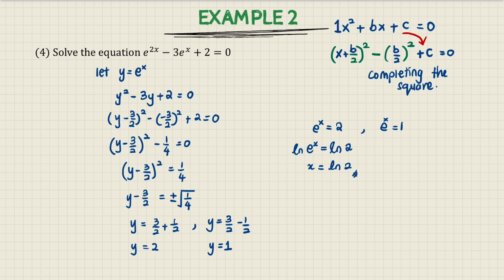This is the first one, but don't complete here. The other one is ln e power of x equals to ln 1, and ln 1 or log 1 is equal to 0. So x will be equal to 0. Hence we conclude x equals 0 and x equals ln of 2. So that is our final answer.